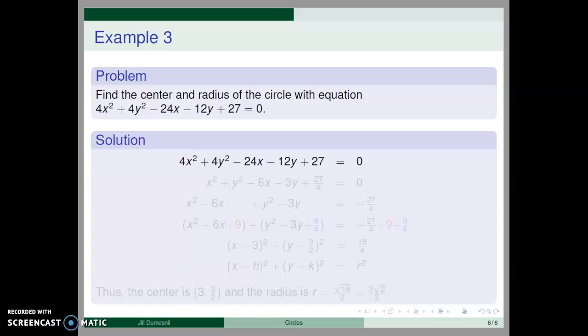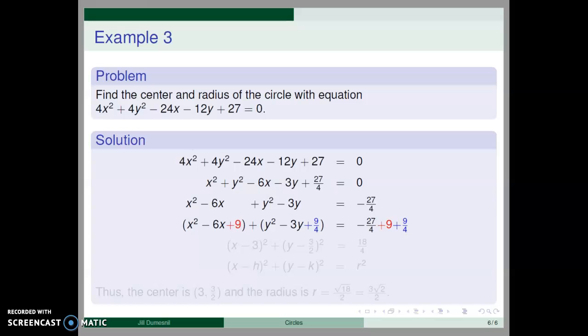So starting with our given equation, we see our leading coefficients are 4. We have to divide both sides of the equation by 4 to have our leading coefficients equal to 1. Next, we rearrange as before, putting our x terms together, our y terms together, and moving the constant to the other side of the equation.